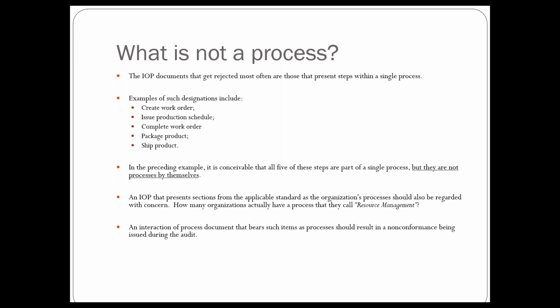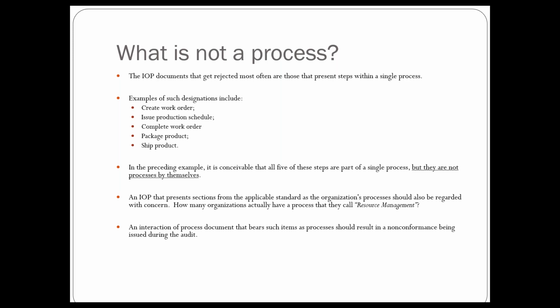We also find issues with where there is an IOP document that presents sections from the applicable standard. So for example, in ISO 9001, to be told that we have a process that we call operation. Well, that's the title of Section 8 of ISO 9001. It's not necessarily a process.